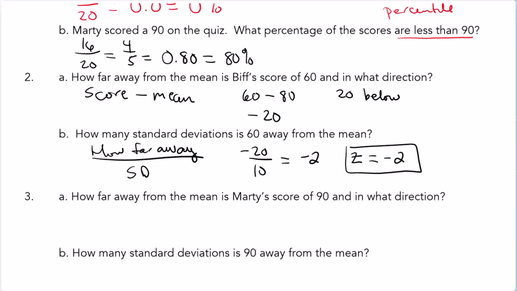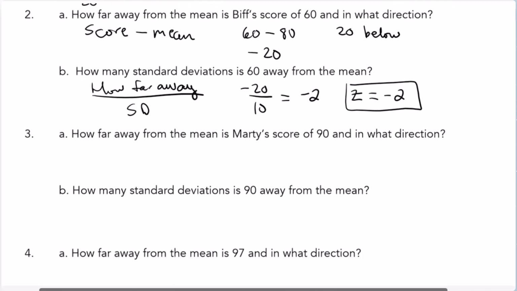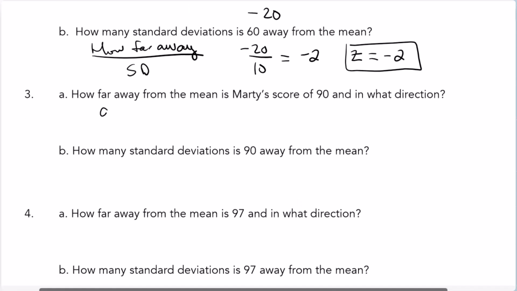Now, how far from the mean is Marty's score of 90 and in what direction? So we have Marty, he got a score of 90. Wow, Marty, he gets a 90. And the mean, of course, was 80. When you subtract those two values, you end up with 10. It makes sense: if the mean's 80, his score is 10 higher.